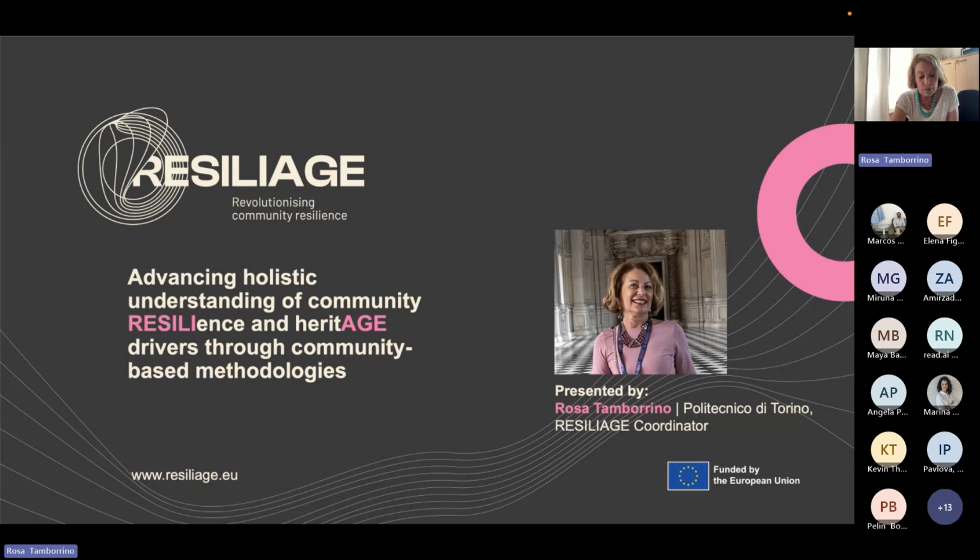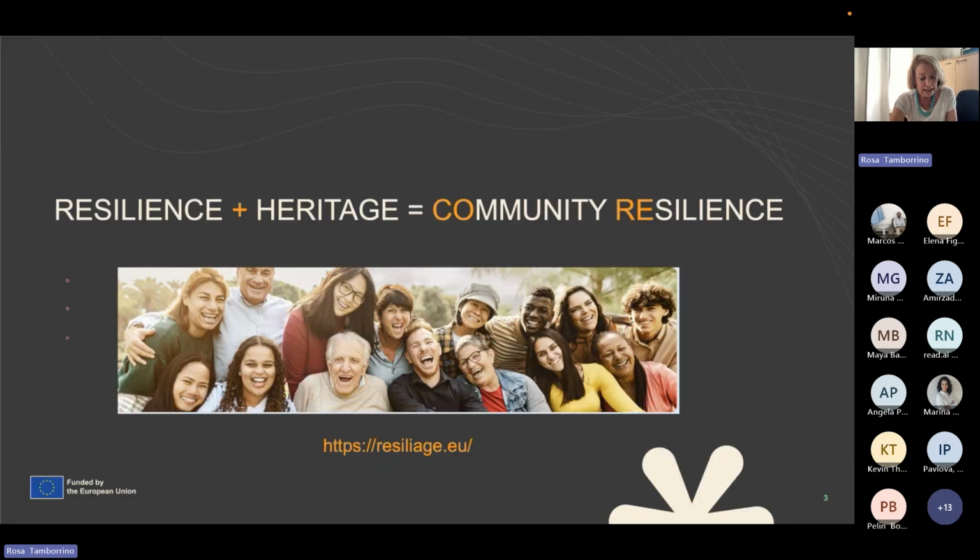So we focus in our project on tools and activities with the objective of creating this important connection between community resilience and heritage drivers. In short, we can imagine that the word Resiliage is created by contracting the words resilience and heritage.